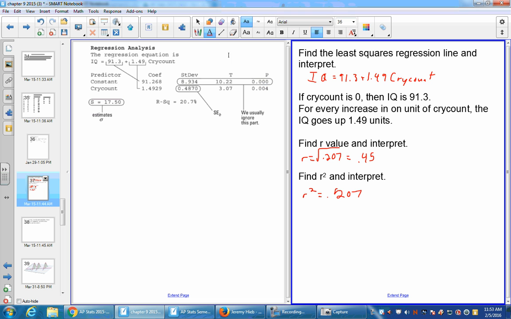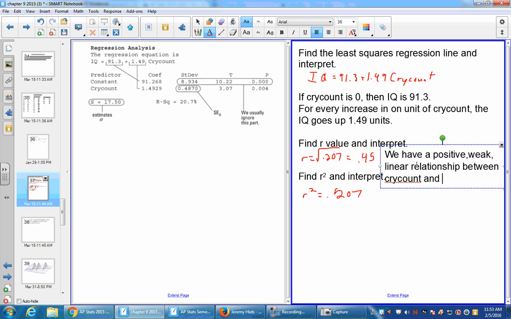So here, if we want to interpret this, we have a positive, weak, linear relationship between cry count and IQ.